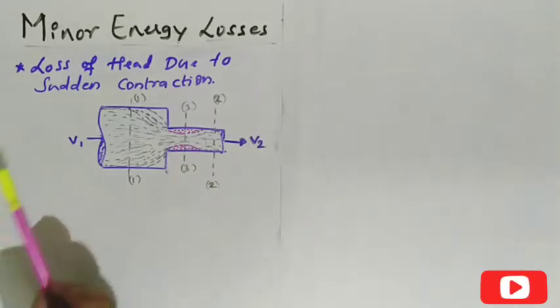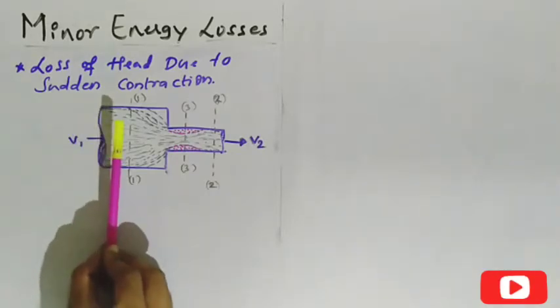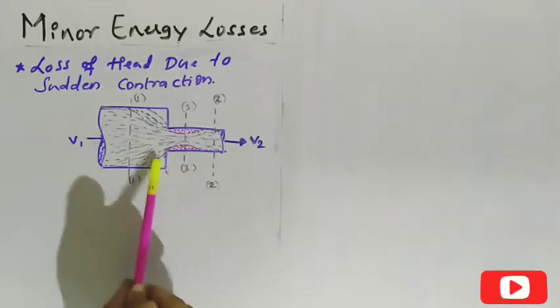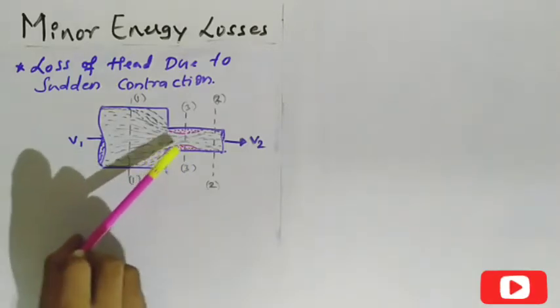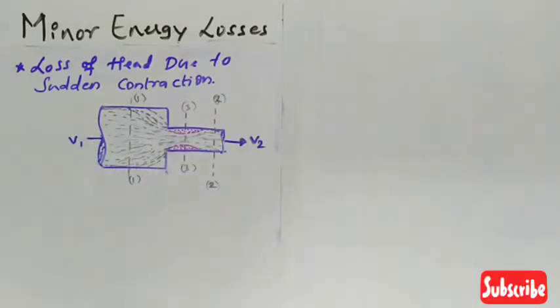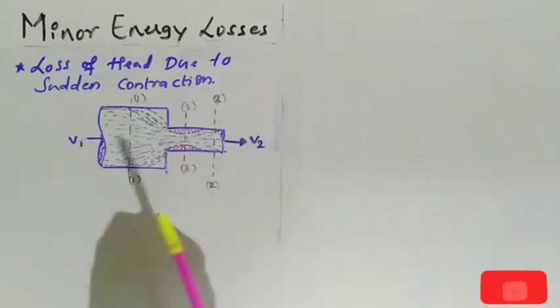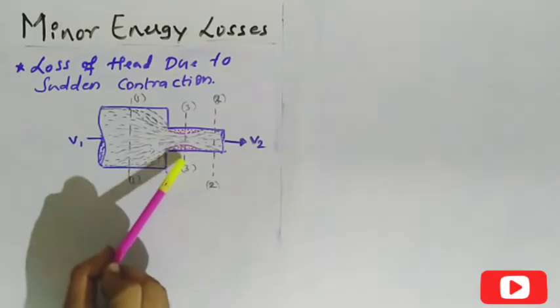Now, as the liquid flows from the larger pipe to the smaller pipe, the area of flow goes on decreasing, and becomes minimum at section 3-3.